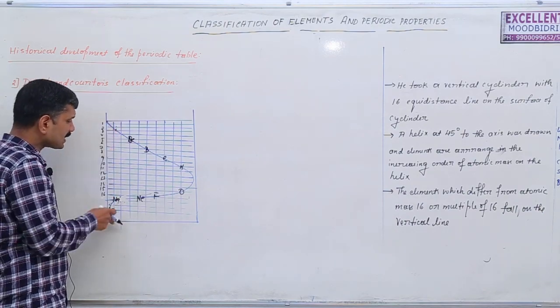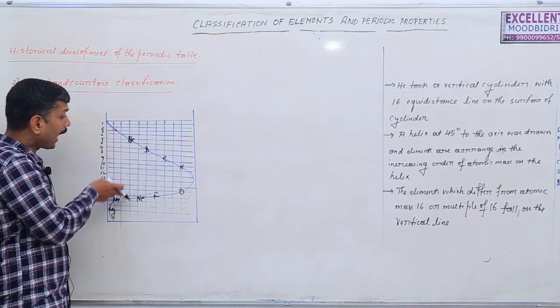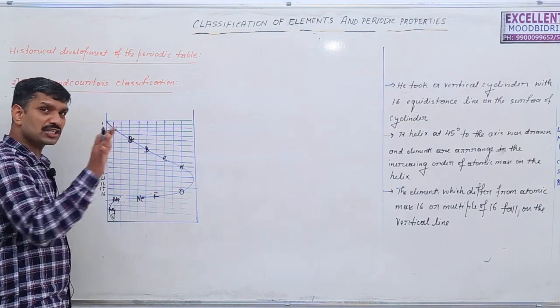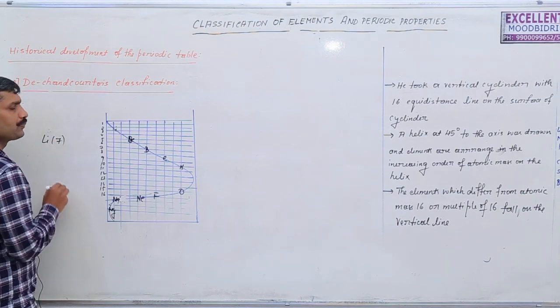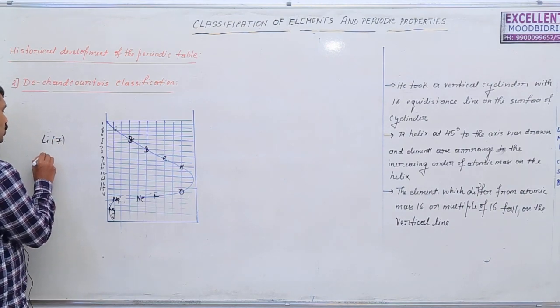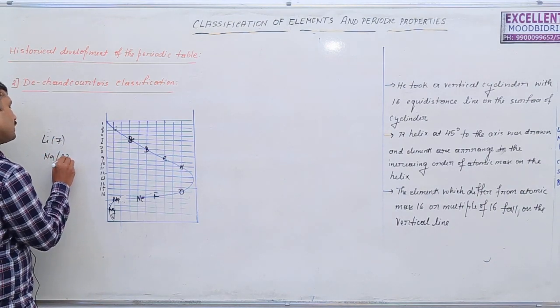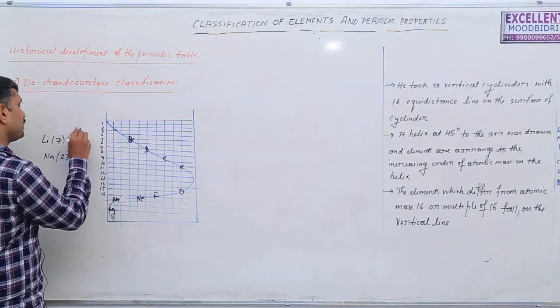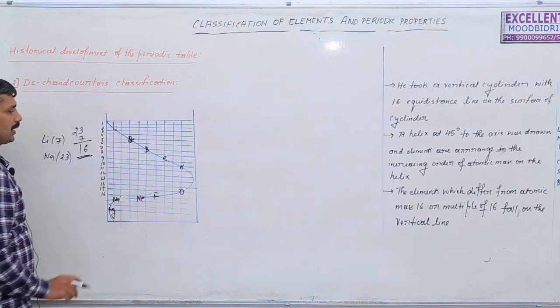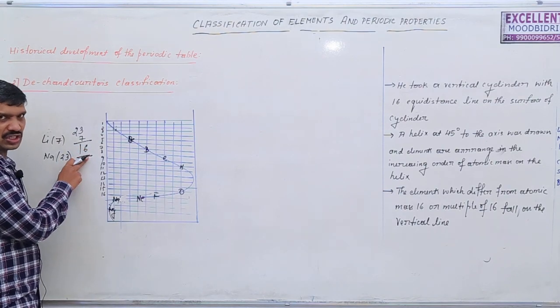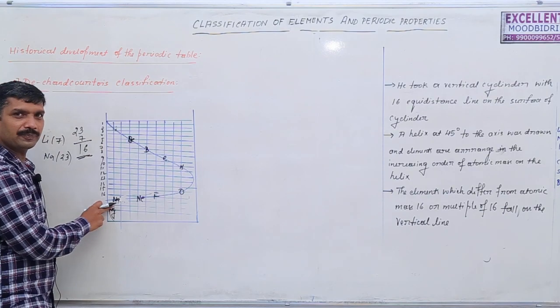They exhibit a similar property, and their atomic masses differ by 16, because lithium's atomic mass is 7 and sodium's atomic mass is 23. 23 minus 7 is 16. The atomic masses differ by 16, so they exhibit a similar property.